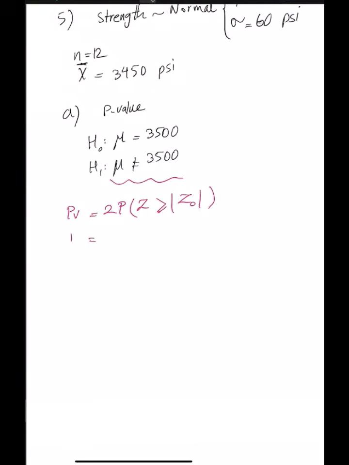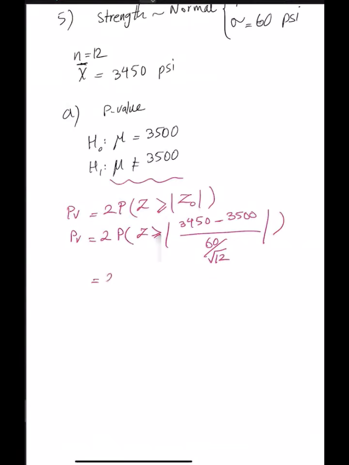So that equals 2 times the probability of z greater than or equal to the absolute value of z, where our test statistic is x bar, which is 3450 minus the average, which is 3500, divided by sigma 60 over the square root of n, 12.